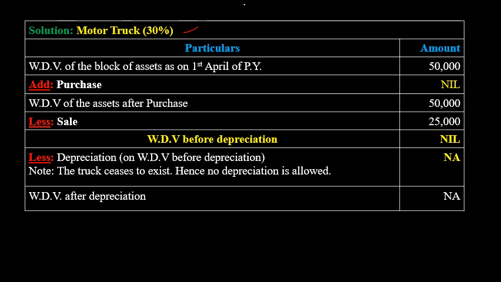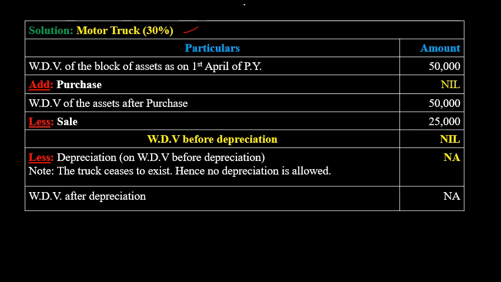See, you will actually get 50,000 minus 25,000, a written down value before depreciation of 25,000, but it is not considered, because the asset was not there with the SSC. As per accounting also, the asset was sold. You should not consider written down value before depreciation of 25,000, because the truck was sold. If there is more than one truck, then you can consider that one truck was sold and the remaining value is the value of the other truck.